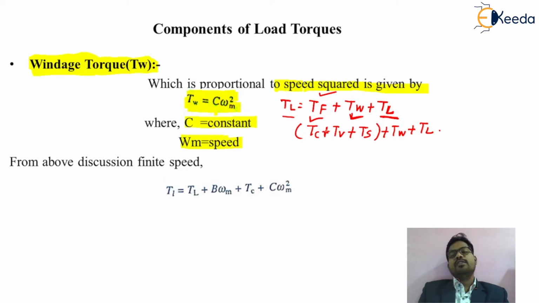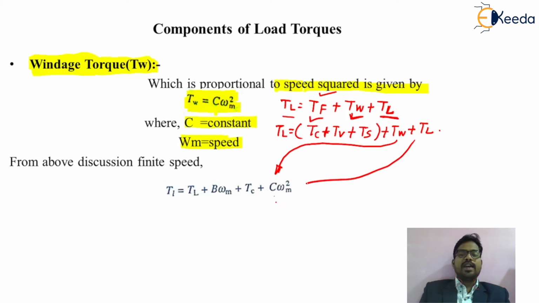So from this equation, the load torque is equal to Tc plus Tv plus Ts plus Tw plus TL. Now we are substituting the value of Tw here. The value of TW is C into omega m square. TL is kept as it is.